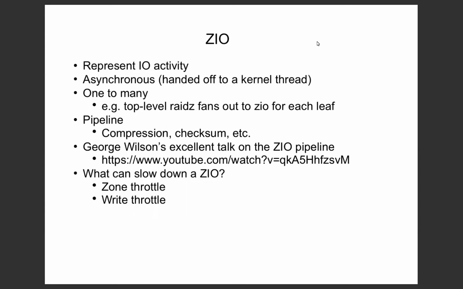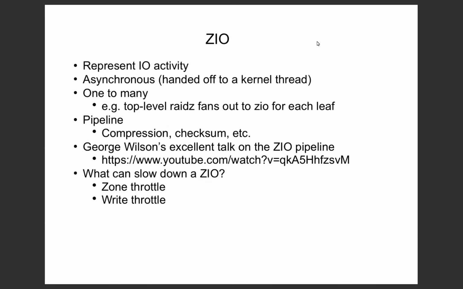Most of the time you don't need to see each one of those individually, but sometimes you might, so be aware that it's going to fan out and it's going to be asynchronous from the thread that actually initiated the call.